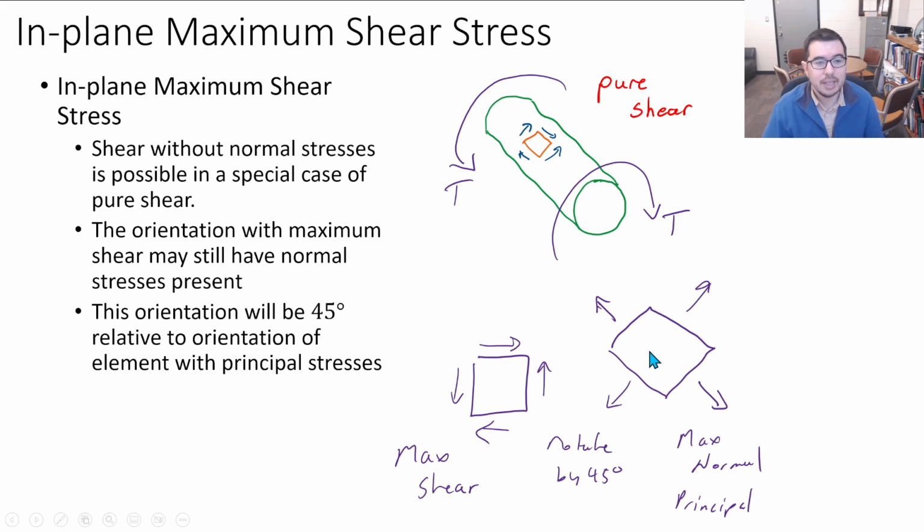And in reality, they're both drawn in the same direction here, but what you'll find is that if this is sigma 1, then this would be sigma 2, and we'll see that in pure shear sigma 1 is actually equal to minus sigma 2, at least the way these are drawn. So you'll have tensile normal stress on one side, and compressive normal stress on the other side.